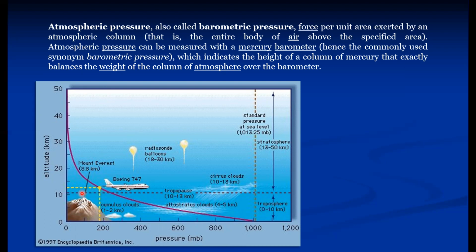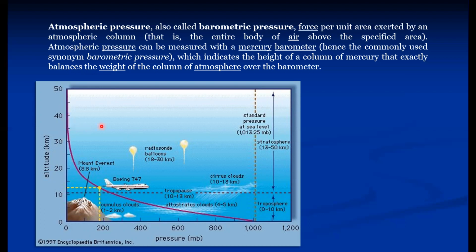Within the atmospheric zone, in the troposphere, 0 to 10 kilometers, the atmospheric pressure decreases up to around 250 millibar. Beyond that, it continuously decreases, and from around 35 kilometers above sea level, the atmospheric pressure becomes 0.